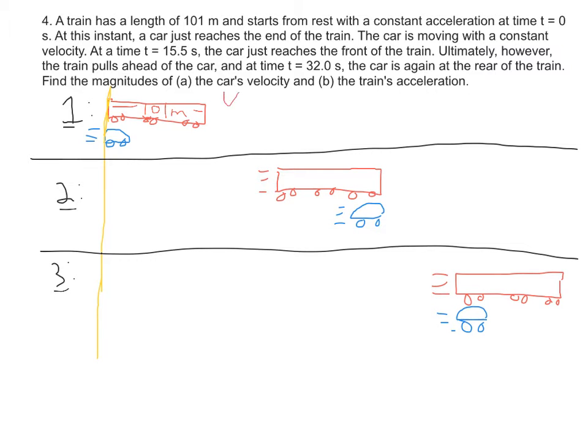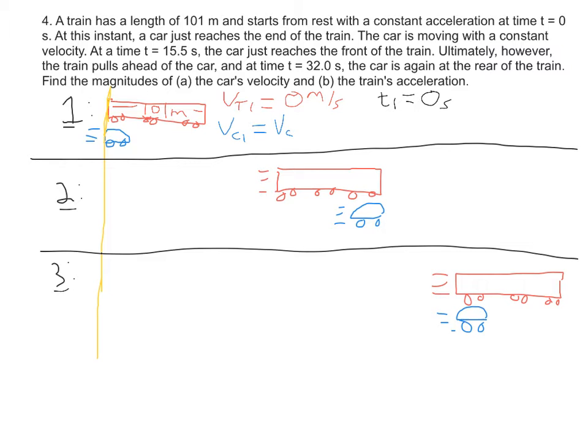So the velocity of the train when it starts in situation 1 we know is 0 meters per second. The velocity of the car in situation 1 is just the velocity of the car, right? We're told it's a constant speed, so it's not going to change. And we're going to define this initial time t1 as being equal to 0 seconds.